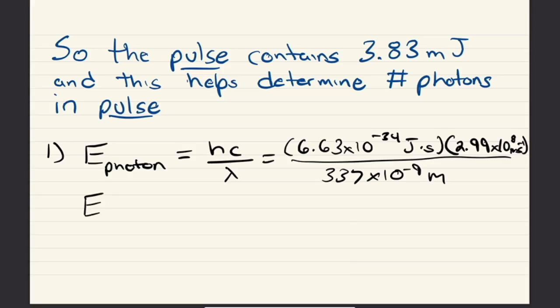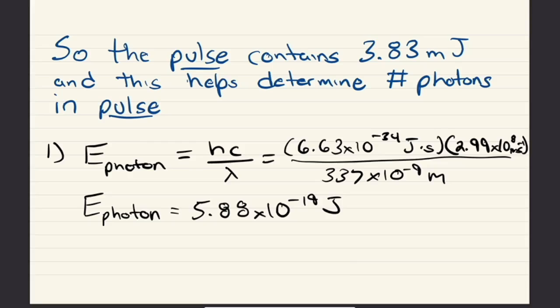Now, once we plug this into the calculator, we have an energy. I will quickly compute this: 6.63 e to the negative 34 times 2.99 e to the 8 divided by 337 e to the negative 9. And it looks like 5.88, and I'm sticking with the significant figures here, times 10 to the negative 19 joules.